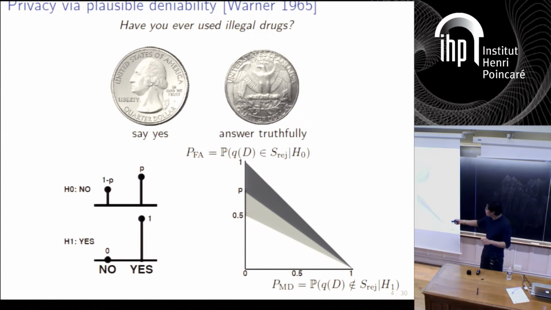And in this example, you choose a coin with bias P, then you achieve this darker gray region, meaning that the region is smaller, probability of error is larger, so this is more private. More private are ones that you get more error, that are more difficult to write. So the smaller region means your error is larger, so you are more private.